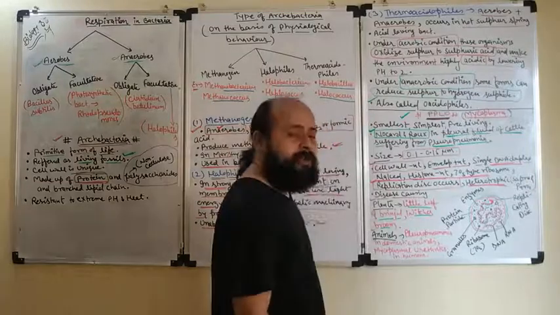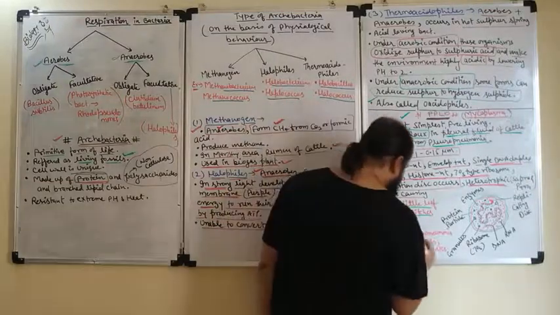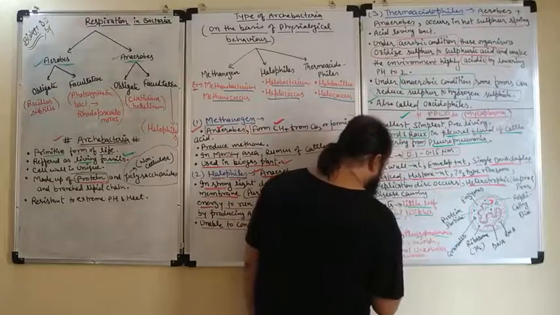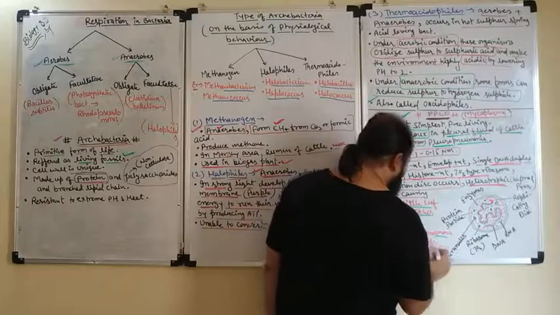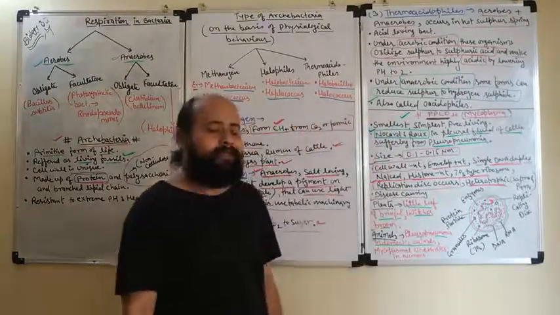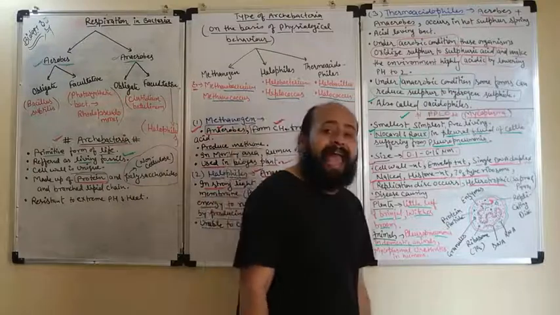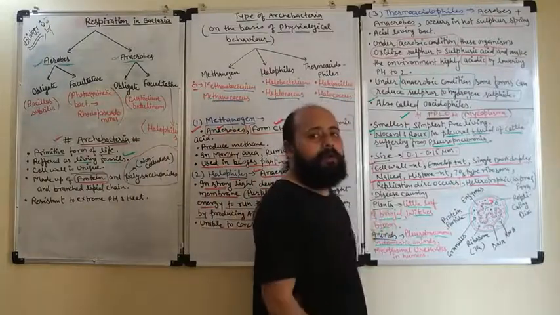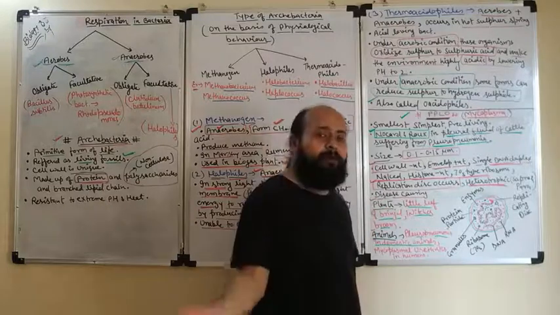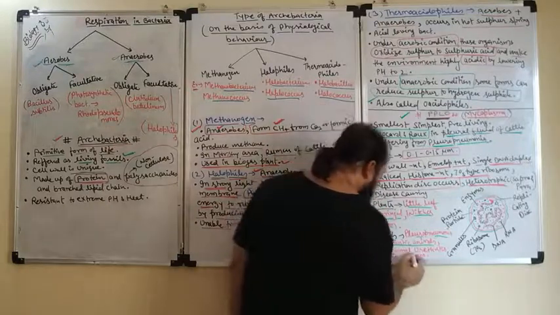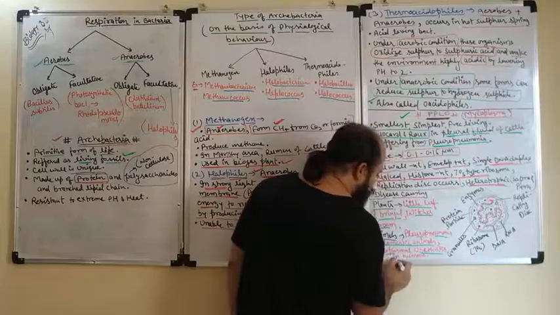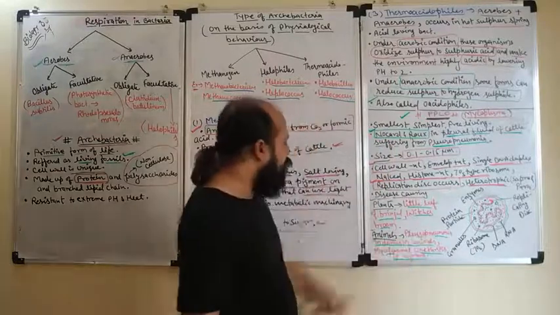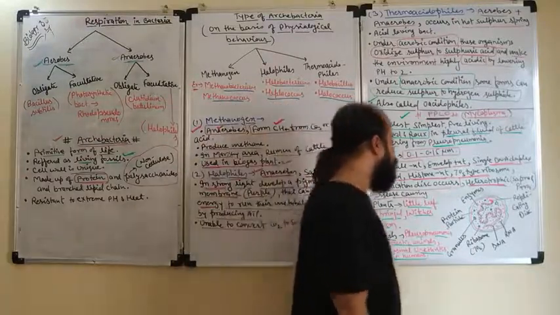You have to memorize these two diseases. In animals, pleuropneumonia in cattle and domestic animals, and mycoplasmal urethritis in human beings. So that is about some diseases caused by mycoplasma.